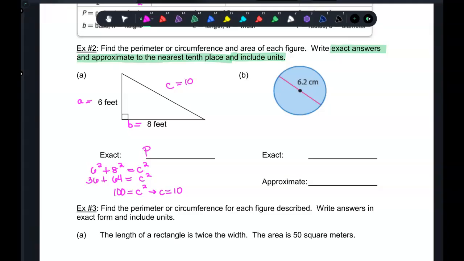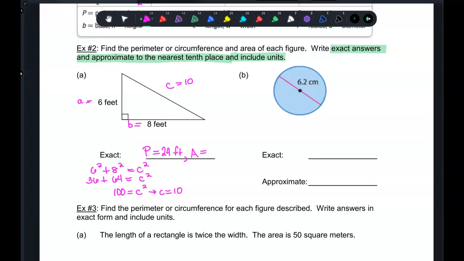I want the perimeter and I want the area. Perimeter is going to just add up all the sides. 6 plus 8 is 14, plus 10 is 24. That's just going to be regular feet. What does BH stand for in triangle area? Base times height.